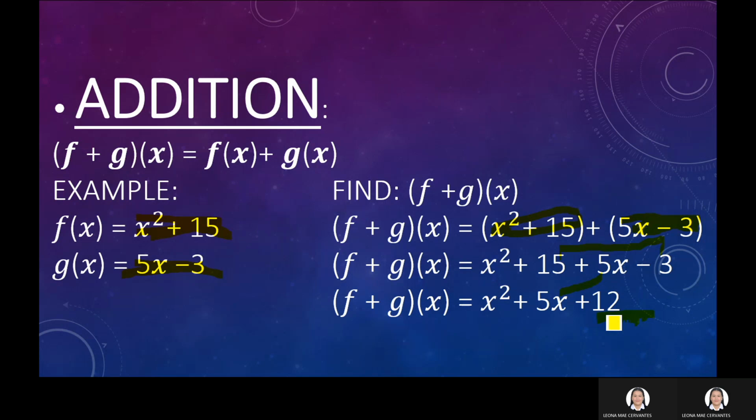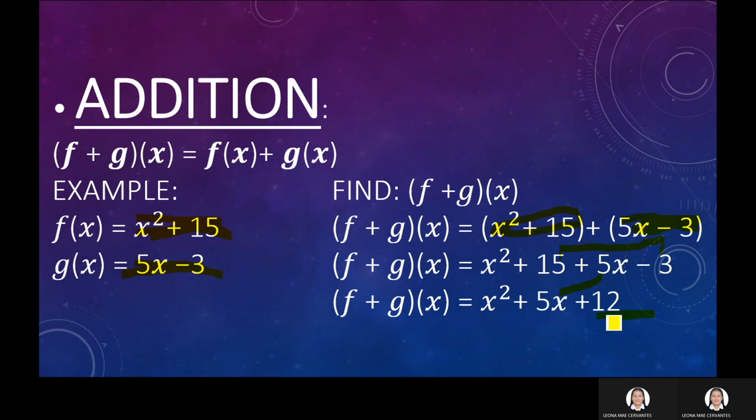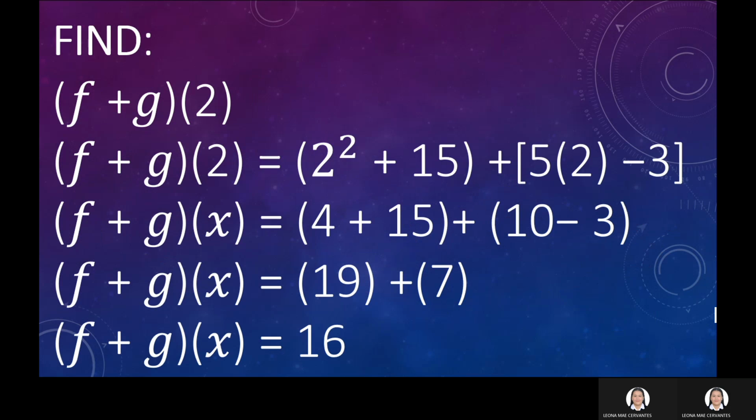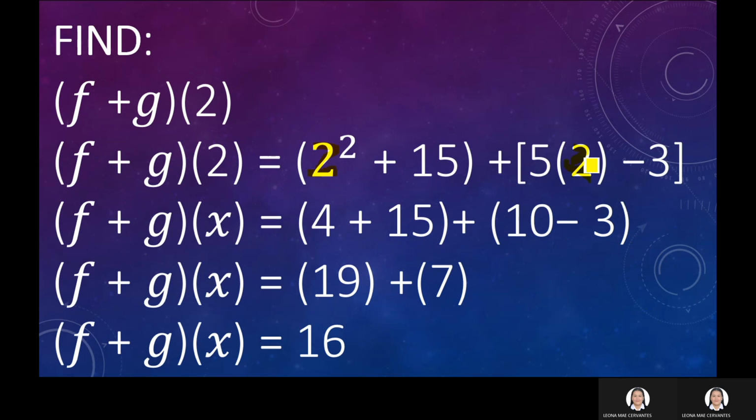Next, if x is equal to 2, again, the value of f of x is x squared plus 15. Substitute positive 2. And the value of g of x is 5x minus 3. Substitute. Okay, so we have 2 squared plus 15 plus 5 times 2 minus 3.